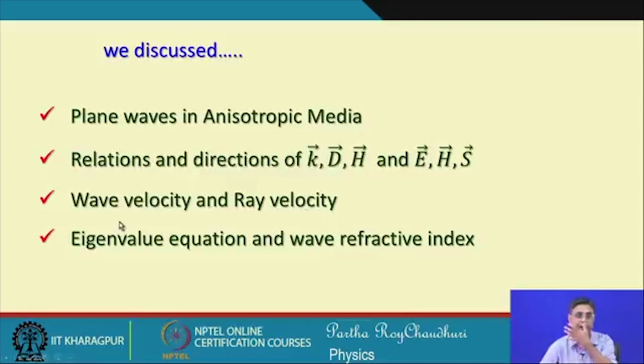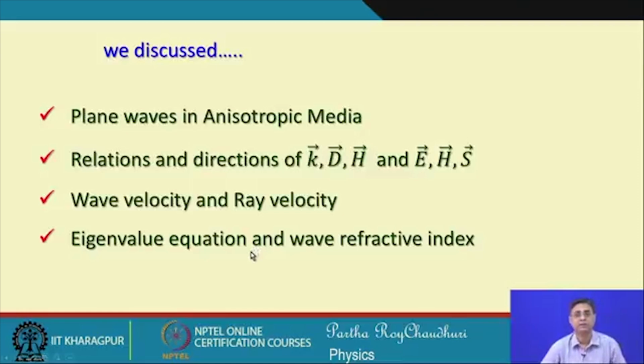After that, we worked out the eigenvalue equation, which is also the characteristic equation for the anisotropic medium, and from there we have learned how to solve this equation to extract the two different refractive indices associated with a given direction of propagation of the electromagnetic waves.